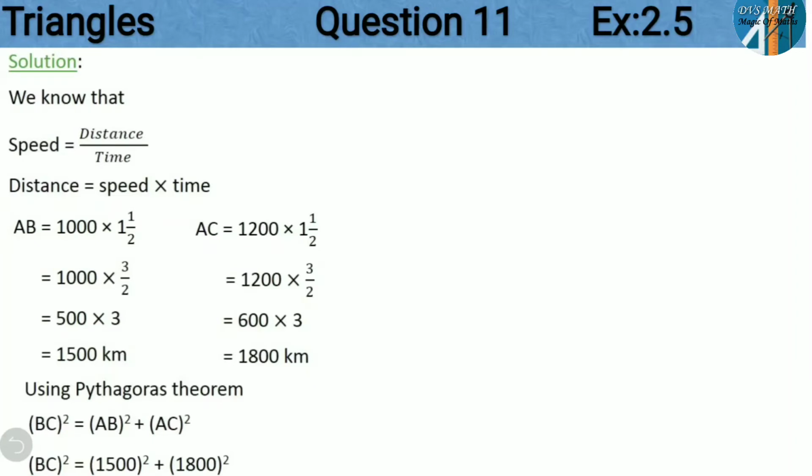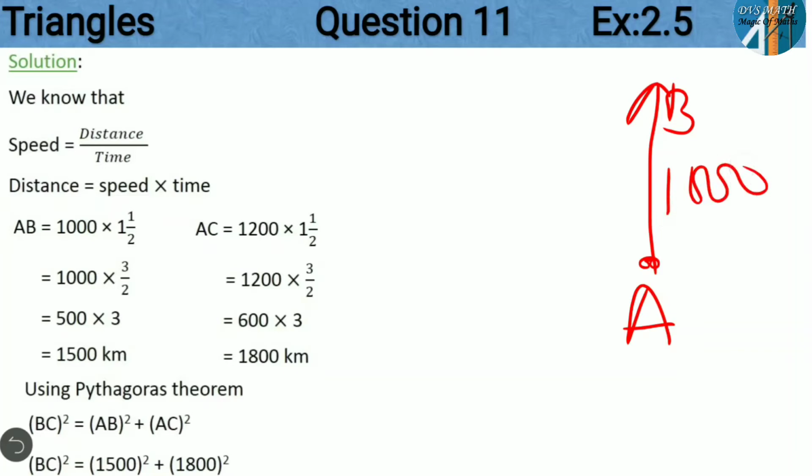So let's start. Solution. So first let us understand the question clearly. First let us take a point A, which is an airport. From this airport, one plane, let us consider it is moving towards north. Let us consider it as AB. Okay, one plane. So let us consider it as distance AB, where the speed is 1000 km per hour. Next, from the same airport A, another aeroplane is moving towards west.